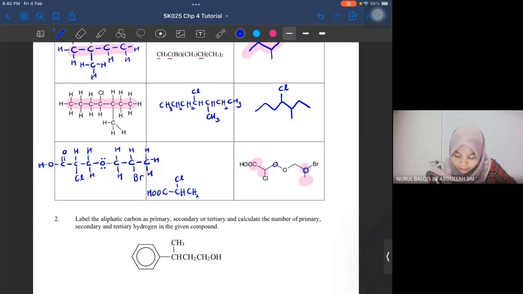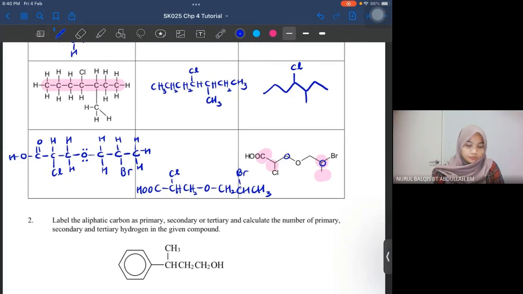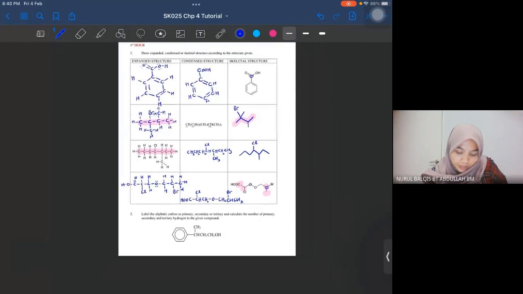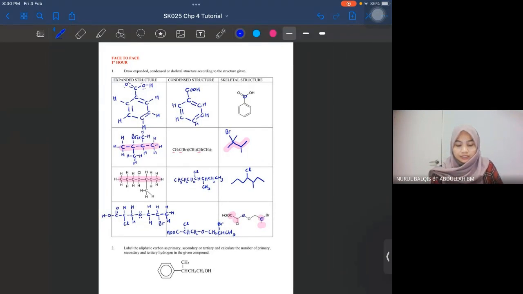In between 3 and 4 we have O. 5 and 4, CH2, CHBr, CH3. Okay, that's the condensed structure. Okay, habis untuk lukisan kita, expanded, condensed and also skeletal.